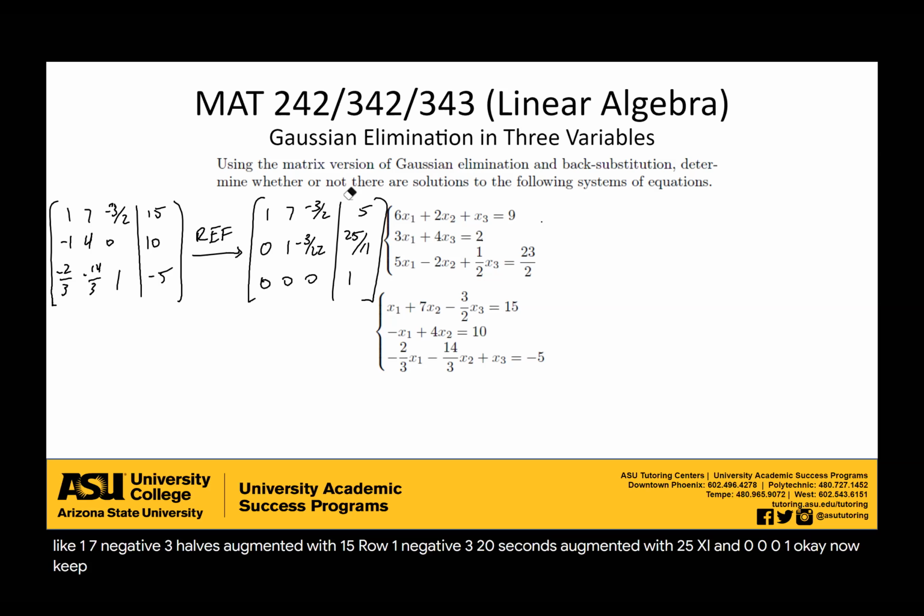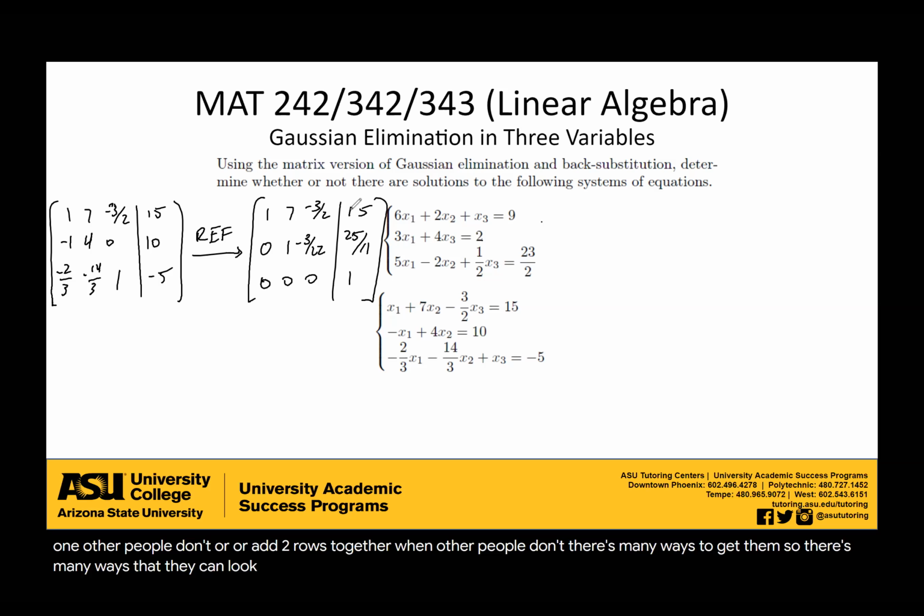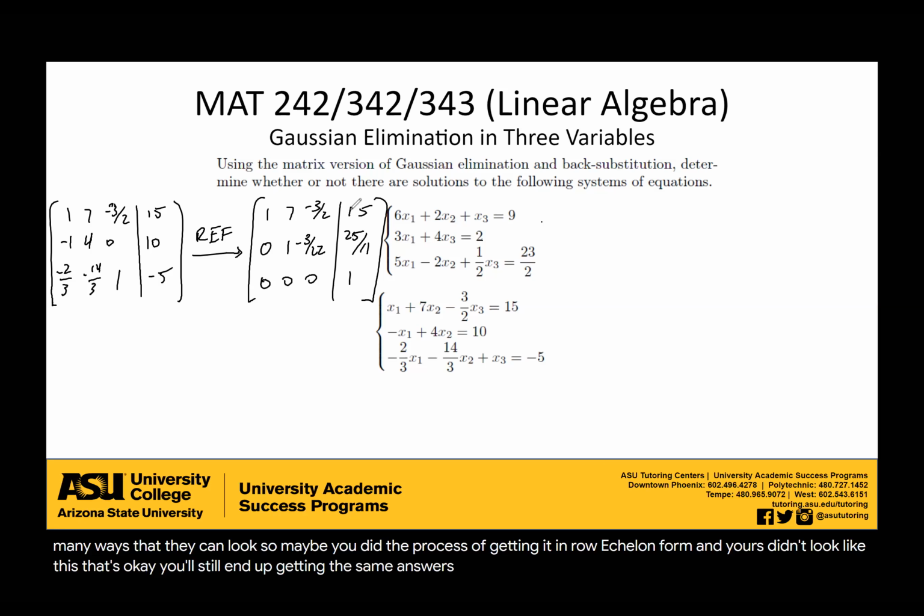Okay, now keep in mind, because there are many ways to get row echelon forms, you might swap rows when other people don't, or add 2 rows together when other people don't. So maybe yours didn't look like this. That's okay. You'll still end up getting the same answers. It's just that the process to get there was a little different.